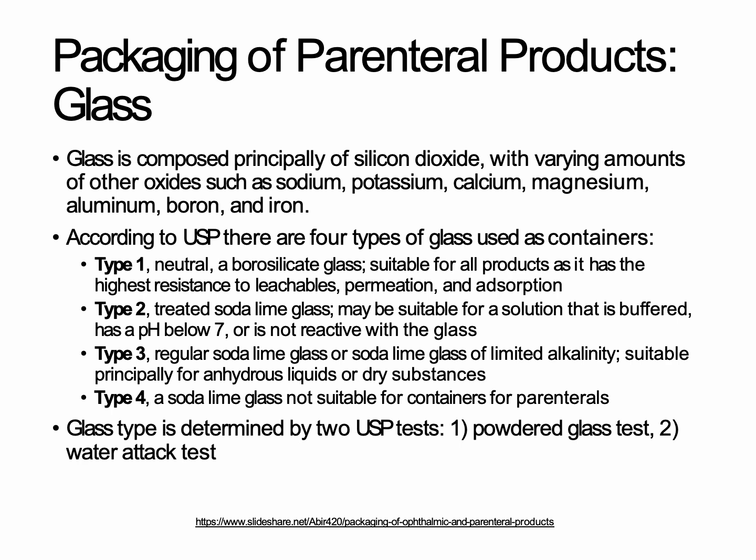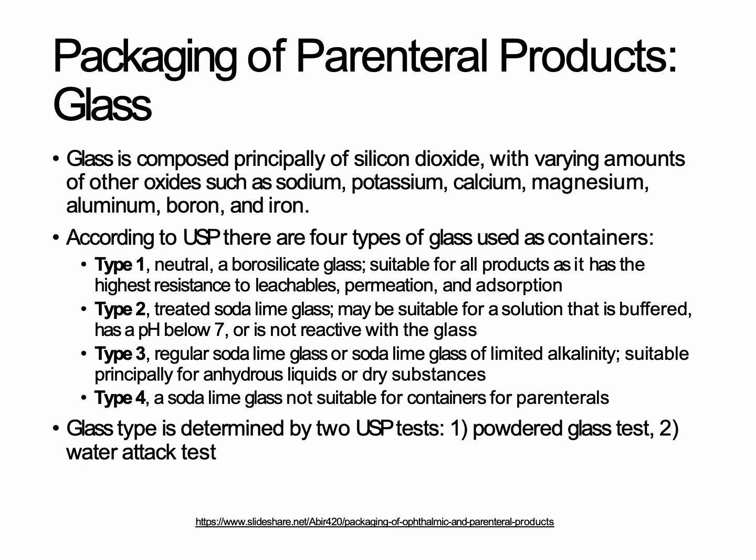Okay, so now continuing with again the packaging of parenteral products, we're going to talk about the glass here. Glass is a key material used in the packaging of parenteral products due to its stability and resistance to chemical interactions.